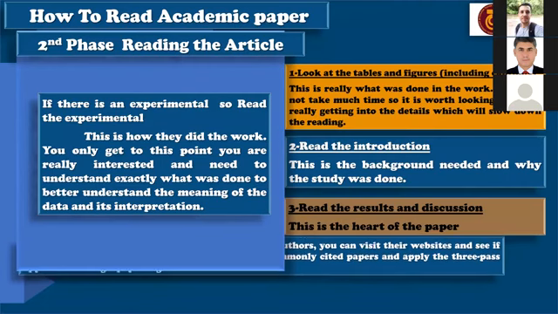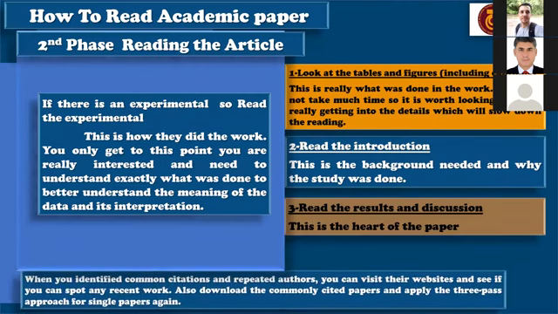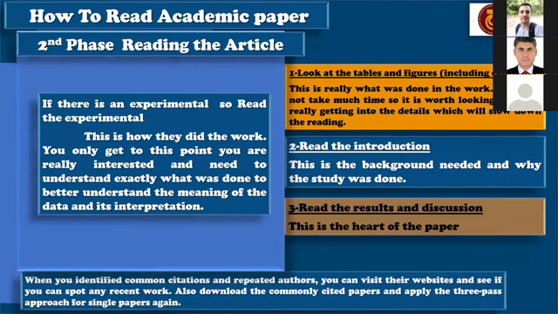Before the third phase, when you identify common citations and repeated authors, you can visit their websites and see if you can spot any recent work. Also, download the commonly cited papers and apply the three-phase approach to each single paper again.